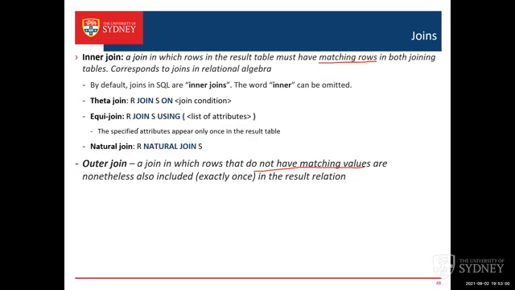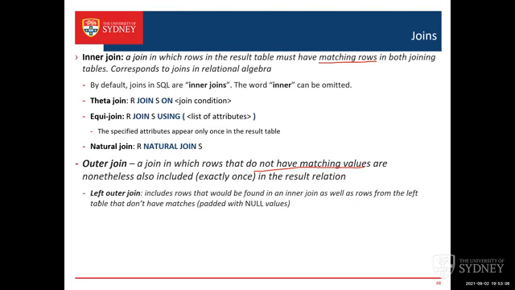In inner join, we have learned about theta join, equi-join, natural join. Those are the things we have seen. In outer join, we have a few things, like left outer join. It simply means take everything from the left table. If there is some unmatched item, then insert null. Very simple thing.